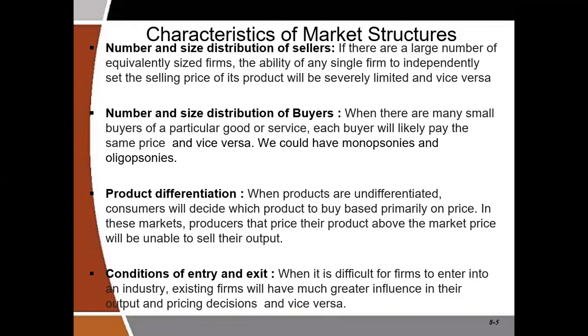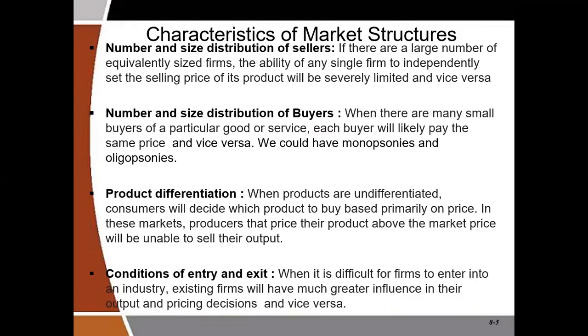Just think about it. Look at the number of people who sell sachet water in Ghana. They are so many. That means that a single firm alone is able to produce and sell a small proportion of the entire market output.